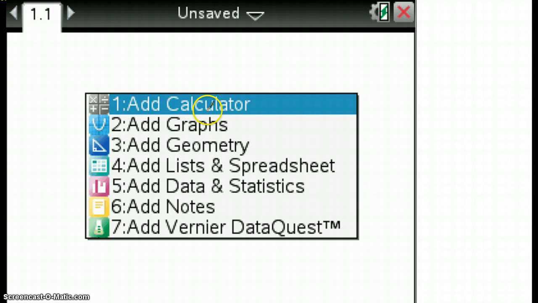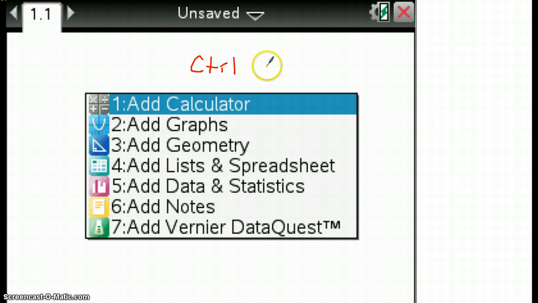From the escape button we want to go back and add a calculator. So what we can do to get to this page right here, we do CTRL DOC. This is your blue button, CTRL.